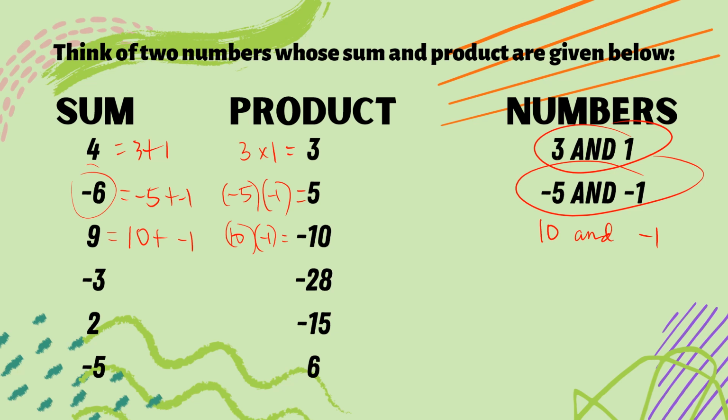Pero pag inadd natin yun, hindi tayo makakakuha ng 3 kasi ang layo ng 2 sa 14, no? But pwede yung 7 sa 4, tama? Because 7 times 4 is 28. And when we get the difference between 7 and 4, that is 3. So, alam na natin ngayon na 7 and 4 yan.